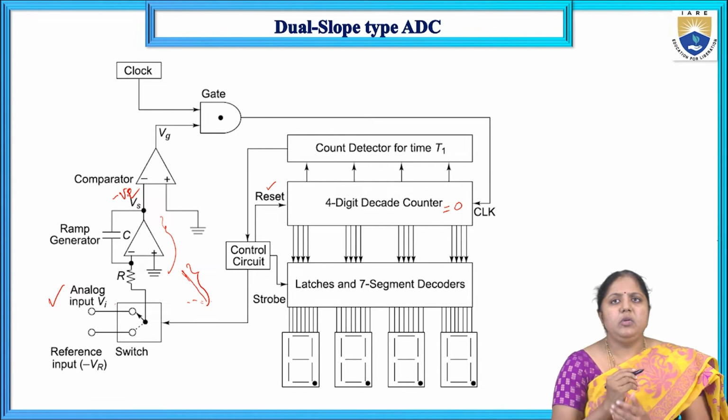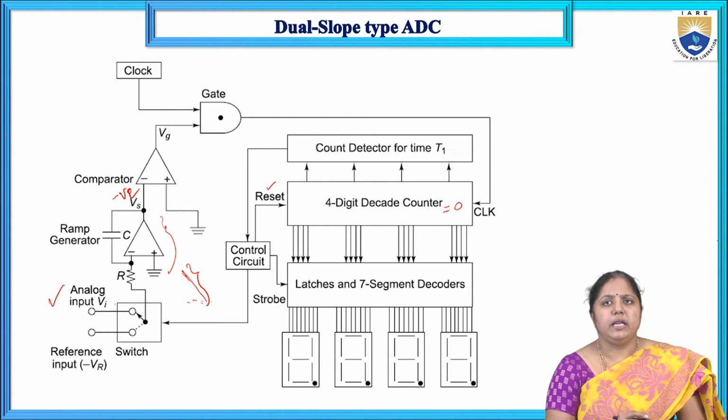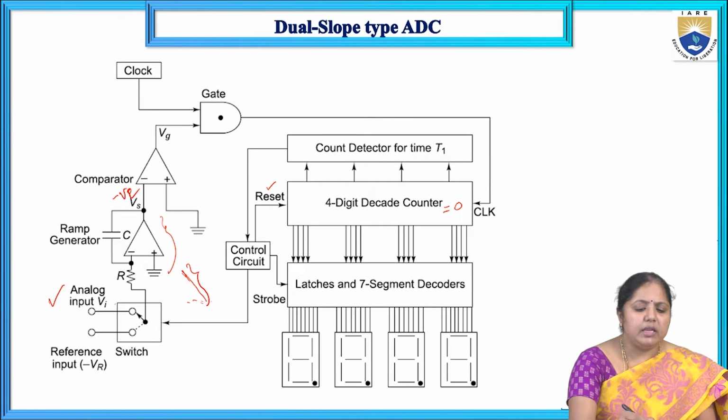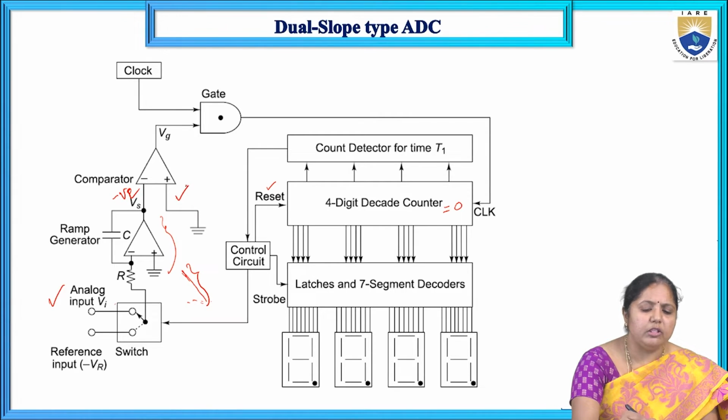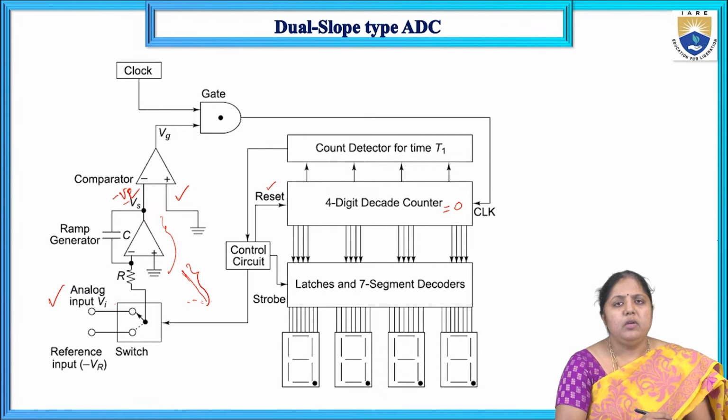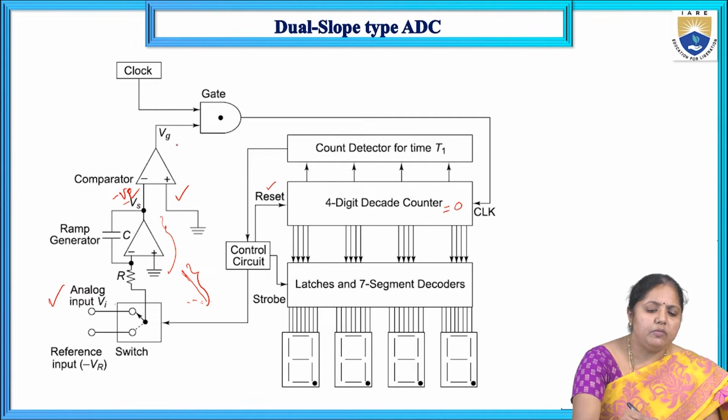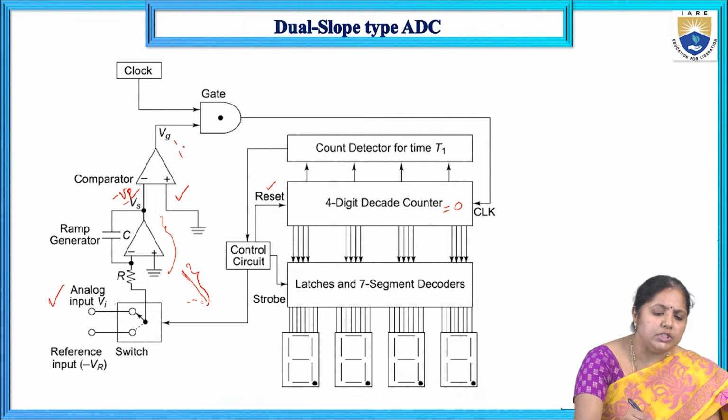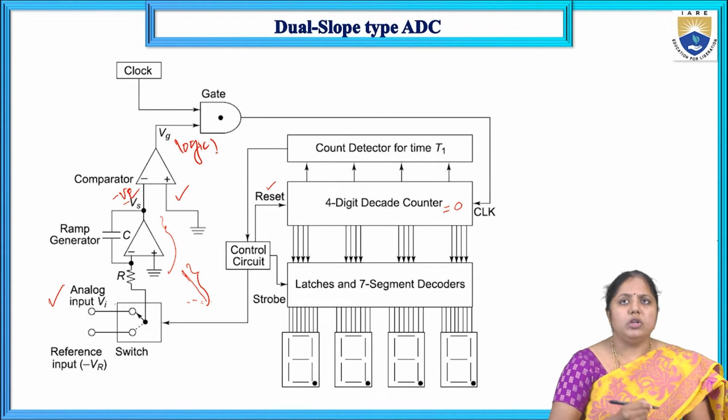When the negative ramp is the output of the integrator, the comparator's positive terminal voltage is greater than the negative terminal voltage. At that time, the output of the comparator is equal to logic 1.